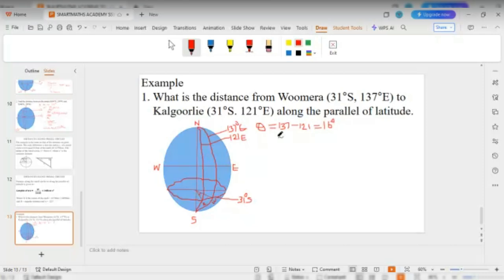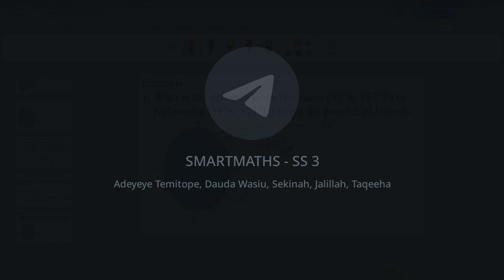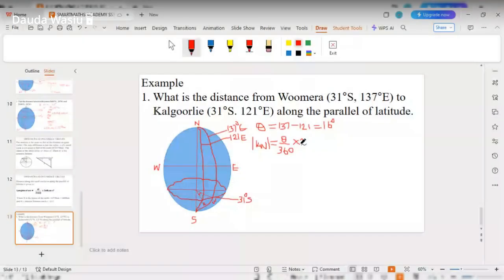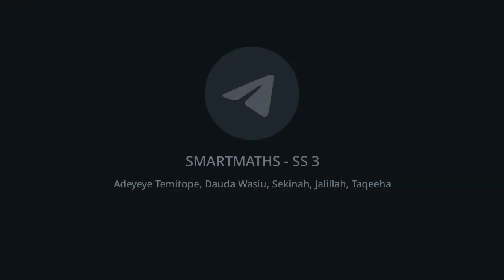So now, since we are calculating along the parallel of latitude or along the small circle, distance KW equals theta all over 360 multiplied by 2 pi R cos x.